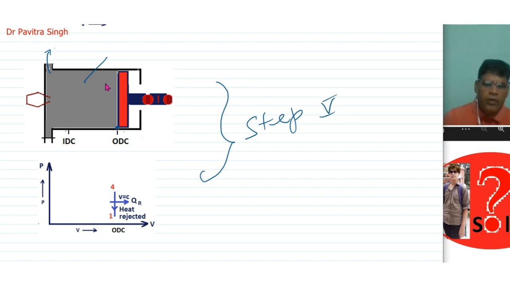So the hot gases will be thrown out through this outlet. So this is actually the heat rejection process. So piston was at this ODC condition, and this outlet valve was opened, and high pressure gases were released from this cylinder into the surroundings.